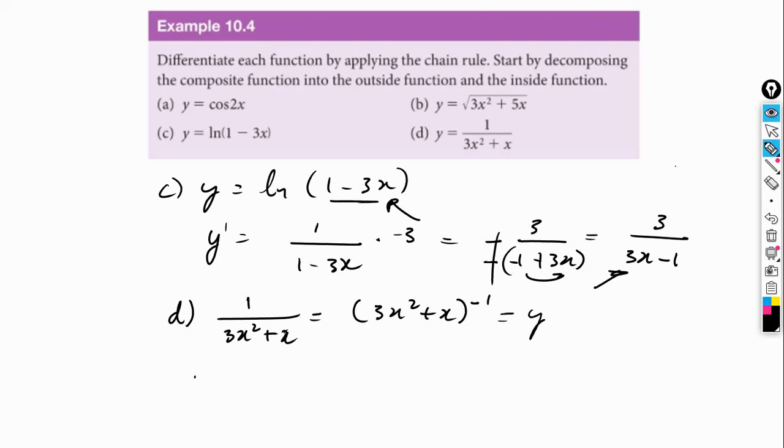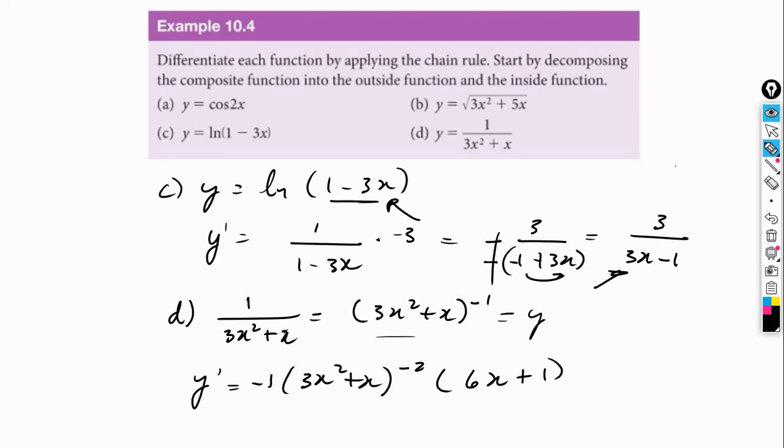So the derivative of y would then be equal to, and we use the power rule for the outside, leaving the inside intact, right? So this would be negative 1 times 3x squared plus x, now to the minus 2, times the derivative of the inside, 6x plus 1.